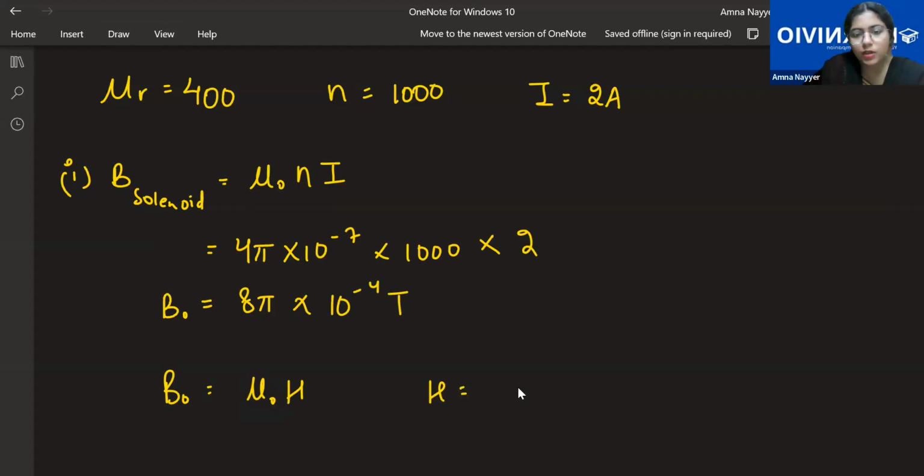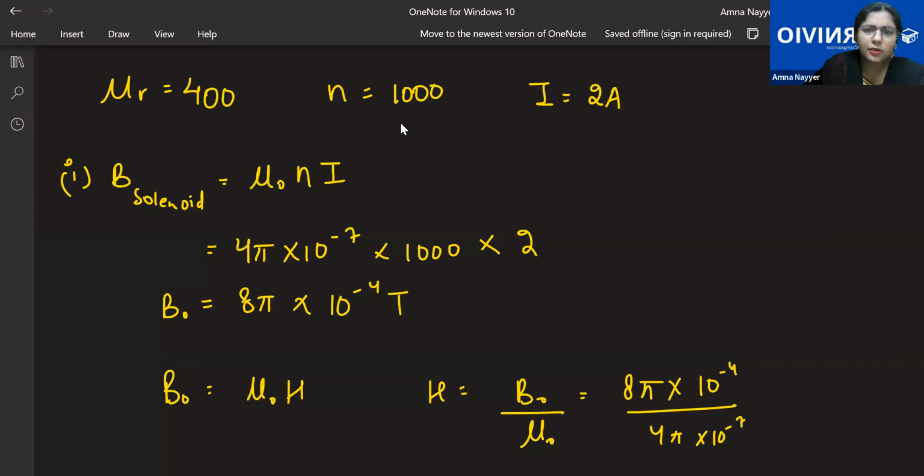So H is equal to B naught divided by mu naught. That is 8 pi into 10 to the power minus 4 divided by 4 pi into 10 to the power minus 7. So directly you have the value as 2000. So 2000 is the value. You can directly write it from here like this.